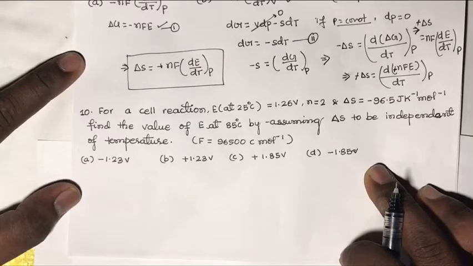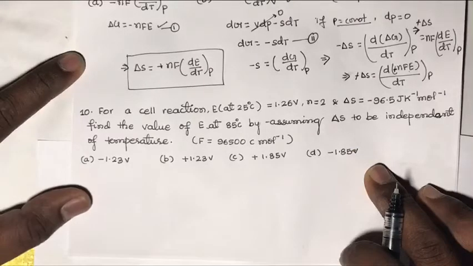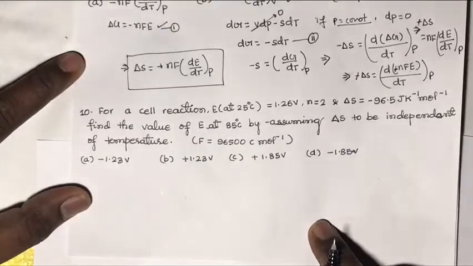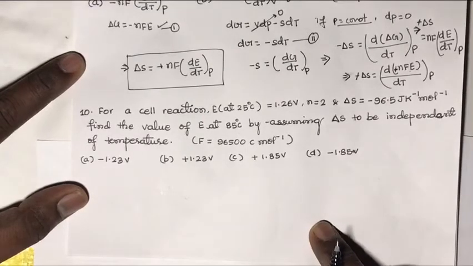Find the value of EMF of the cell at 85 degrees centigrade by assuming delta S to be independent of the temperature. Okay. So basically in this problem we have to use this expression. We have to calculate the value of EMF at 85 degrees centigrade. We know the value of EMF of the cell at 25 degrees centigrade.